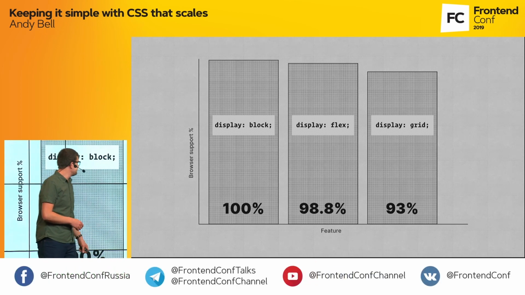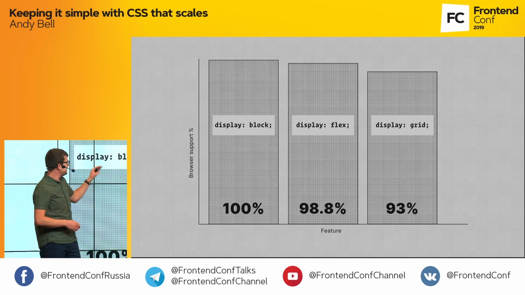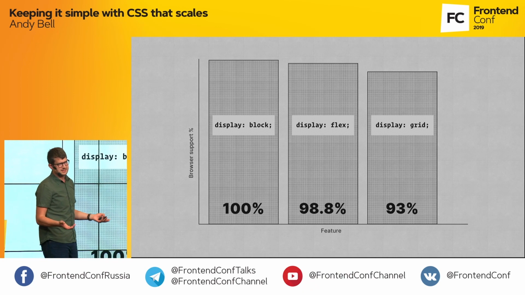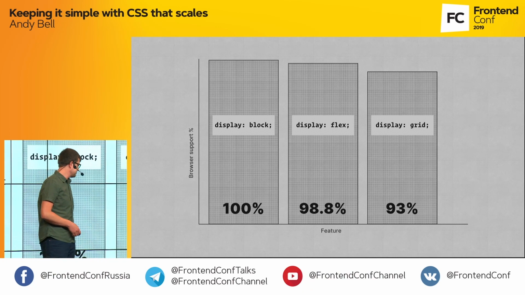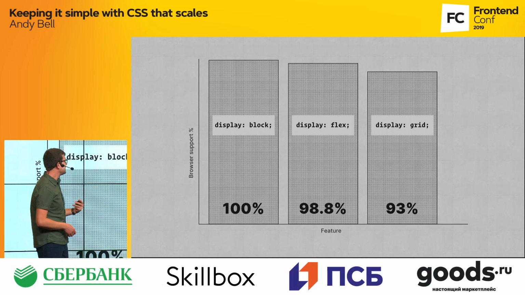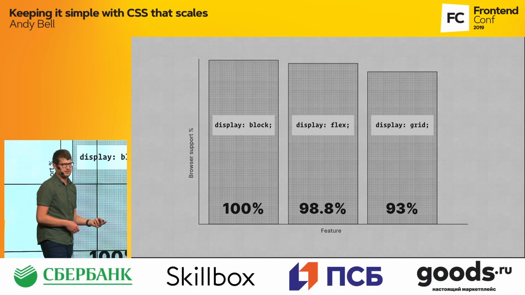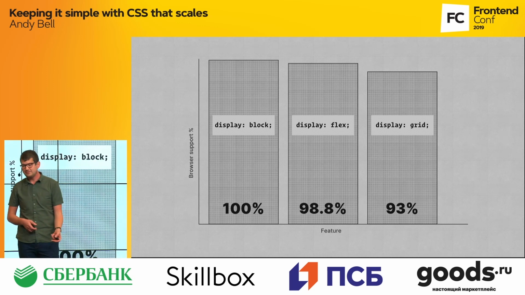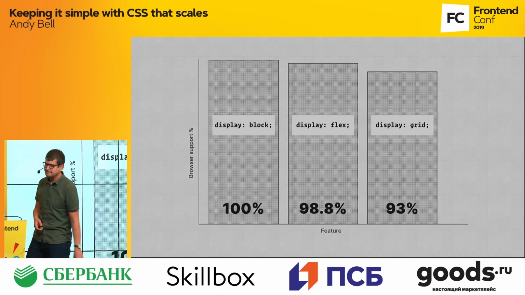So as you can see here, we've got display block, display flex, and display grid. And obviously, display block's got 100% support because it's CSS2 spec, so every browser supports it. But look at display flex. It's pulling in at the moment 98.8% support across all browsers. And display grid is pulling in 93% support across all browsers.